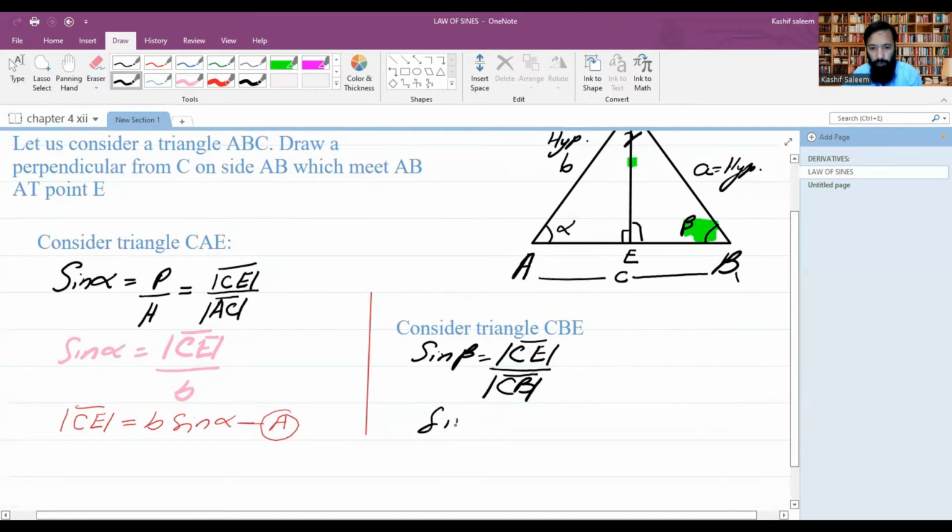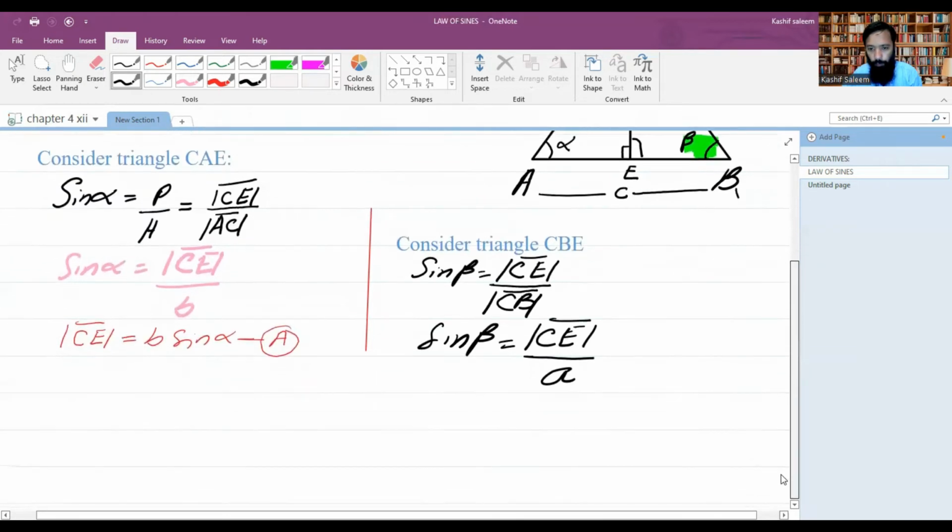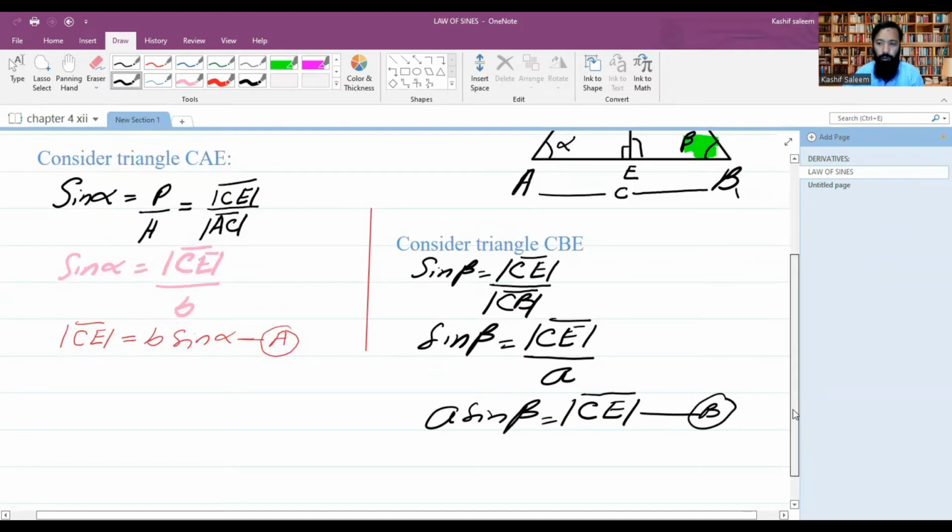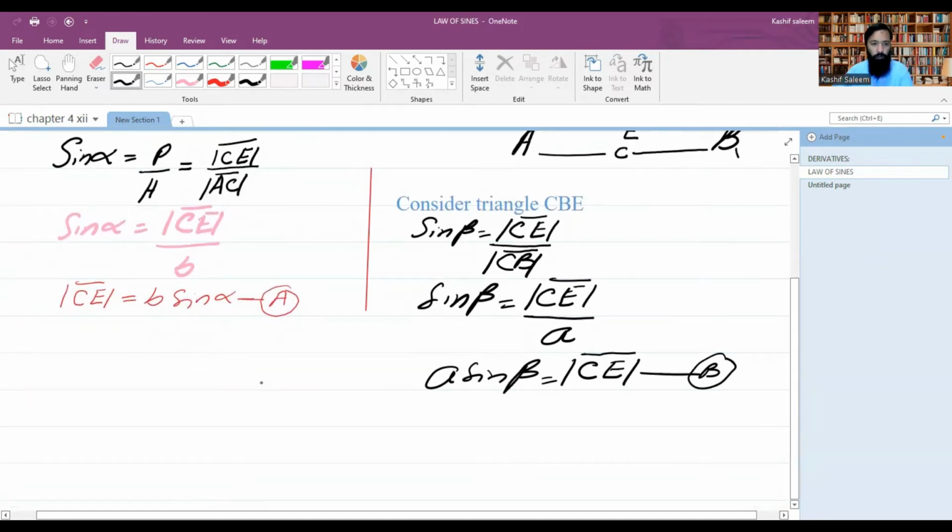What is CB? CB is equal to a. So now a sine beta is equal to CE. This is equation B. Now both of the sides are equal to CE, so we have b sine alpha equal to a sine beta.